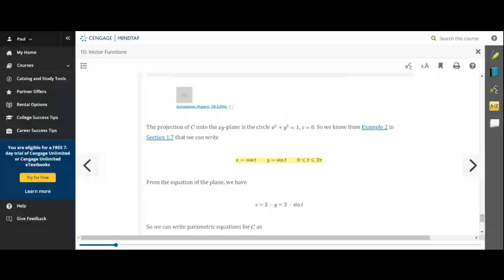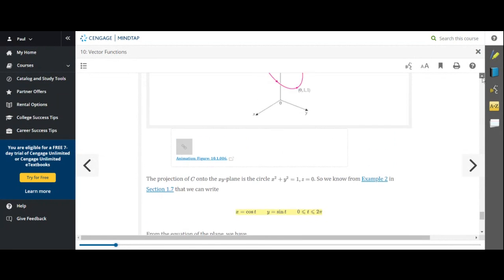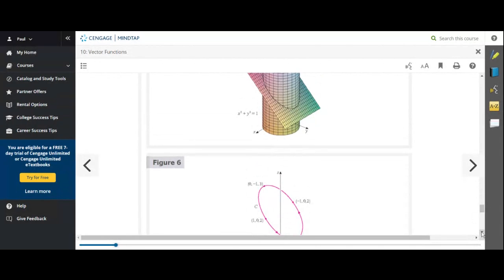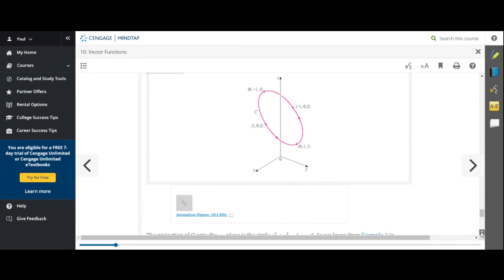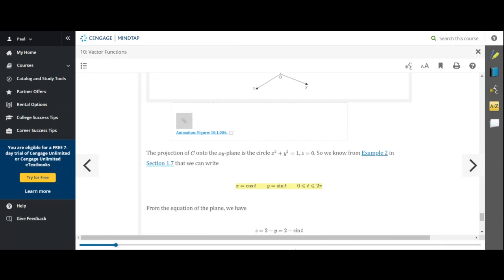Okay. Can we go from saying, here's the space curve, that's the intersection of the plane and that cylinder, to saying that the x and y components of the space curve, or the parametric equations for x and y, have to be cosine of t and sine of t?